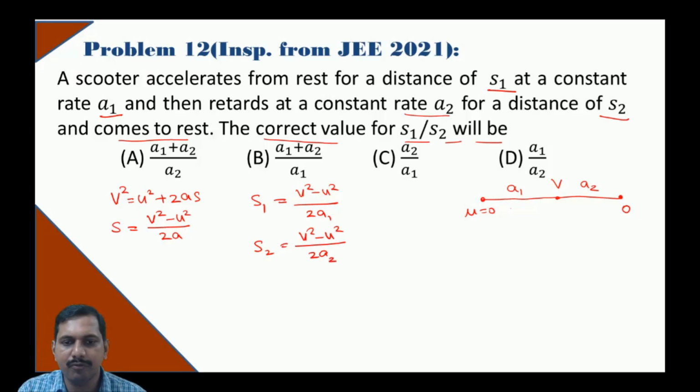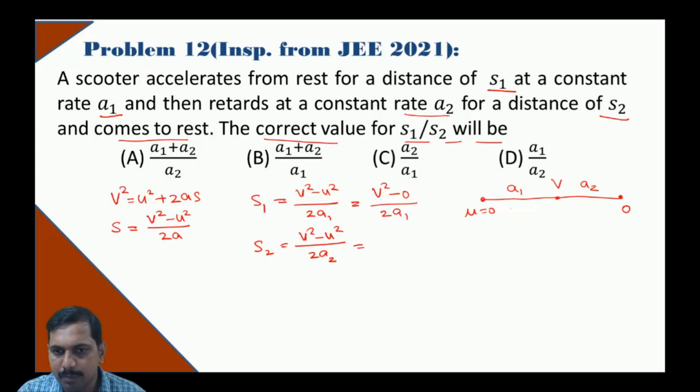Now here observe v and u. In the first case it is v square minus u square, and u square will go to 0, so v square minus 0, divided by 2a1.